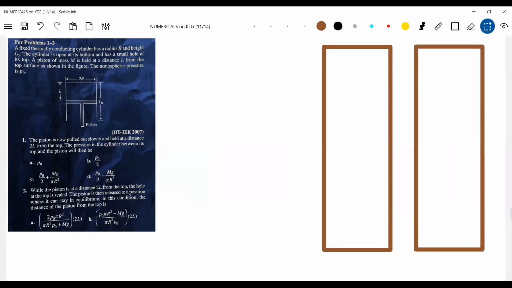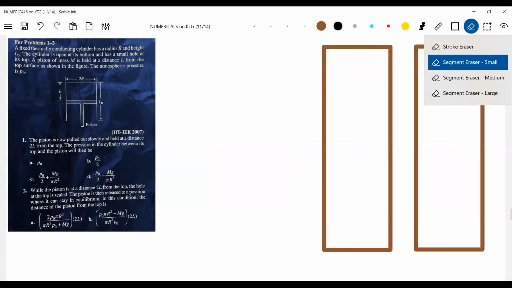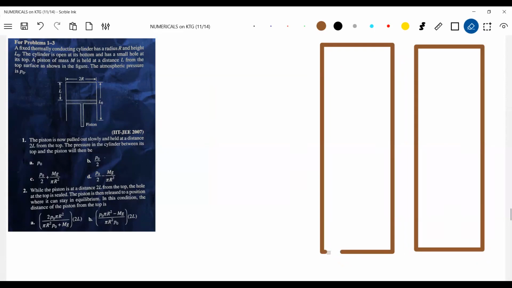Read the question. Meanwhile, I'll construct the diagram.